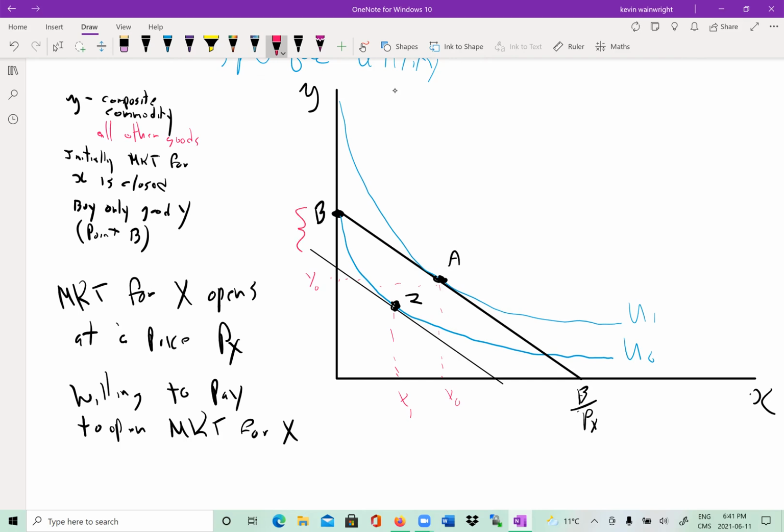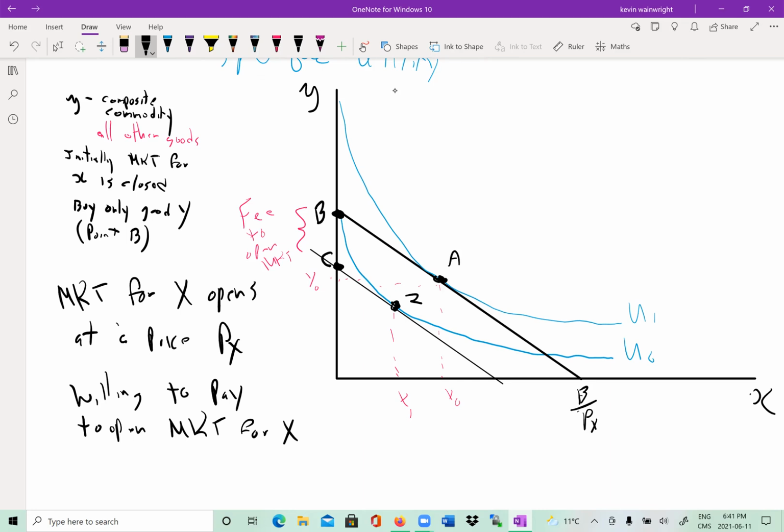And I paid, this is the fee to open the market from B to point C. So I'm willing to pay from B to C out of my budget to have the market for X open.